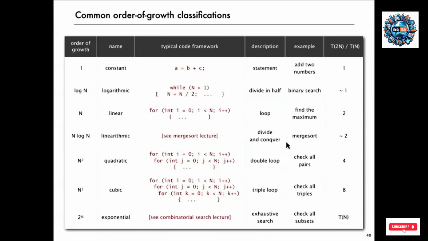These order of growth classifications actually come from simple patterns in the code that we write. If our code has no loops in it, then the order of growth is going to be constant. If our code has a loop where the input is divided in half, and the binary search algorithm is an example of that, then our order of growth will be logarithmic, and we'll take a look at that analysis.